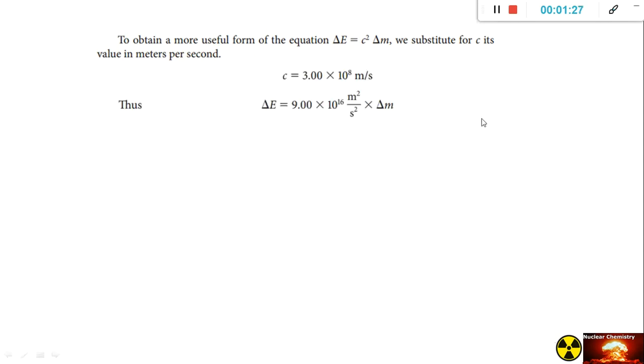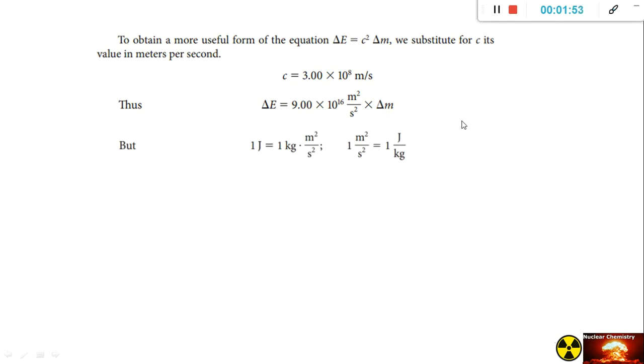The speed of light is 3.00 times 10 raised to 8 meters per second. We multiply it by itself, so we have 9.00 times 10 raised to 16 meters squared per second squared. And we retain the delta m.